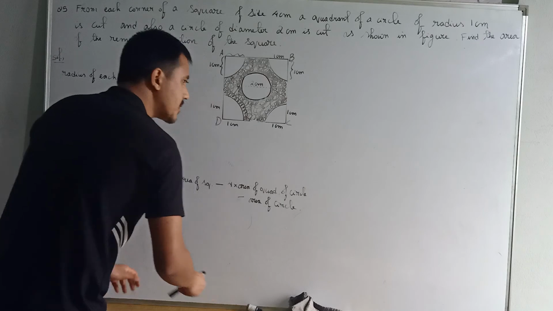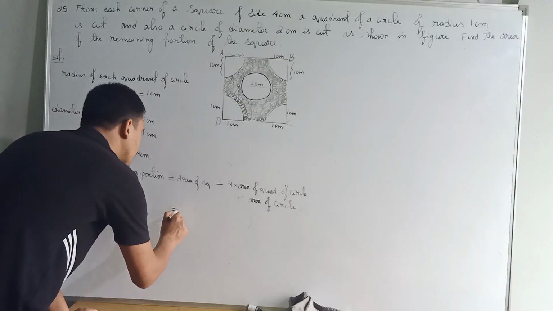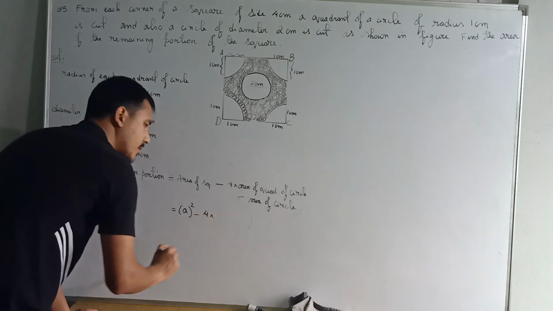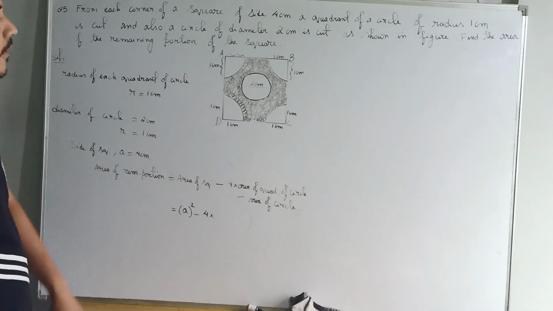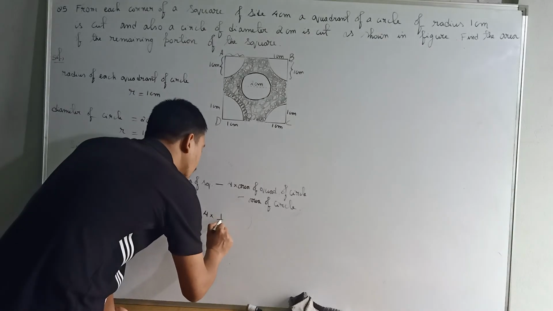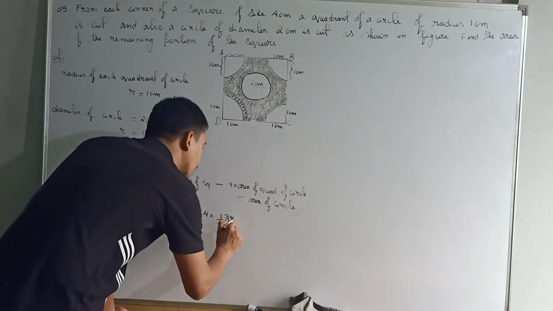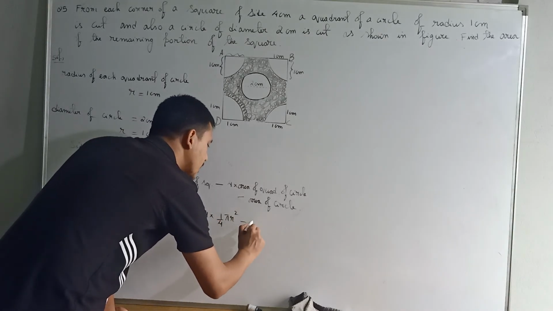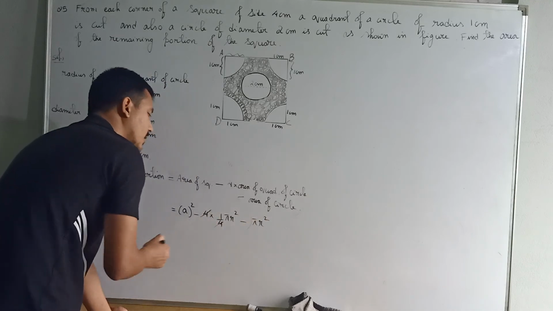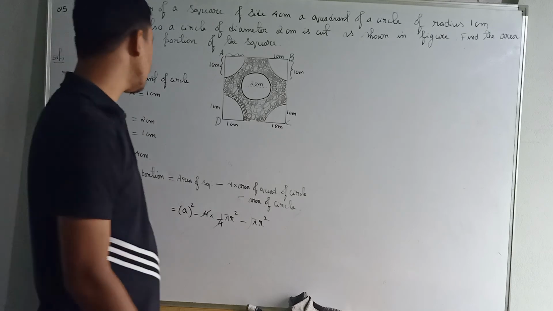Now, area of the square is side squared, minus 4 times the area of a quadrant. The area of a quadrant of the circle is 1/4 of the area of the circle, and the area of the circle is again pi r square. So here the 4 can be cancelled out.